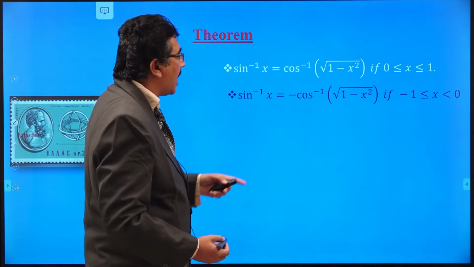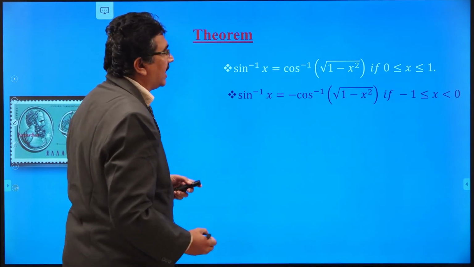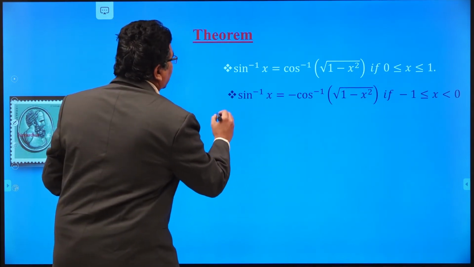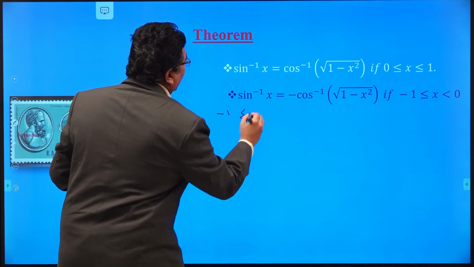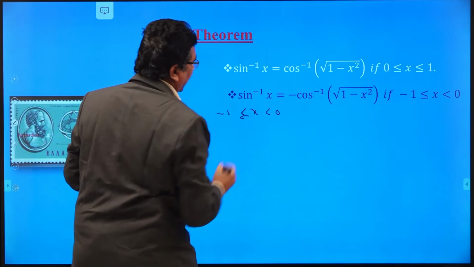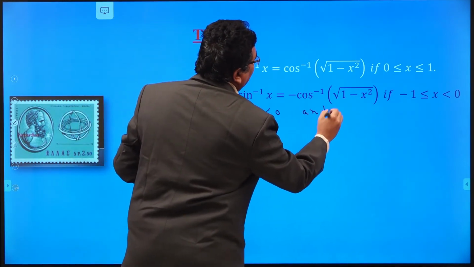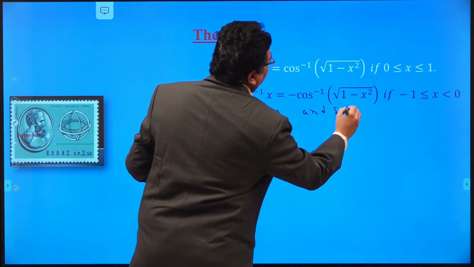Let us see how to write this equation. Minus 1 less than or equal to x less than 0, and sin inverse x is equal to theta.